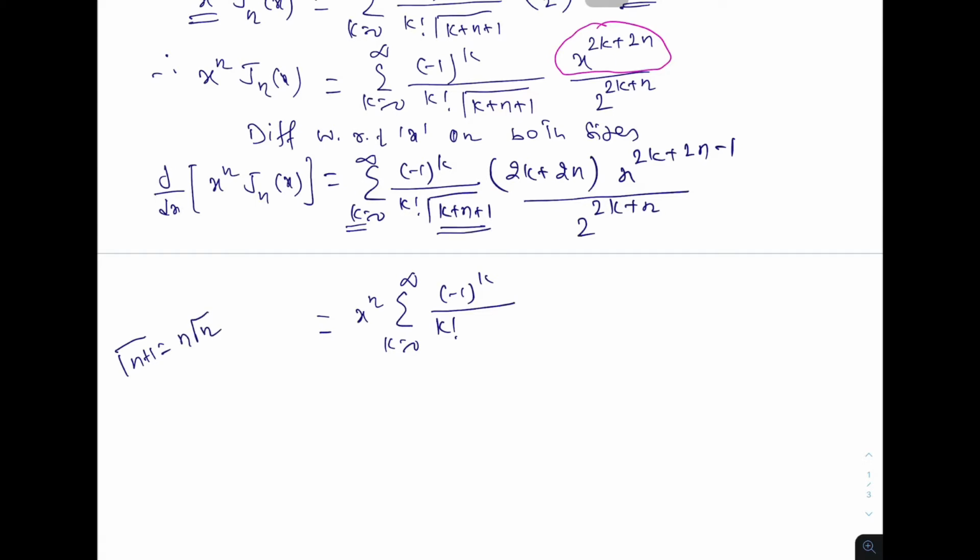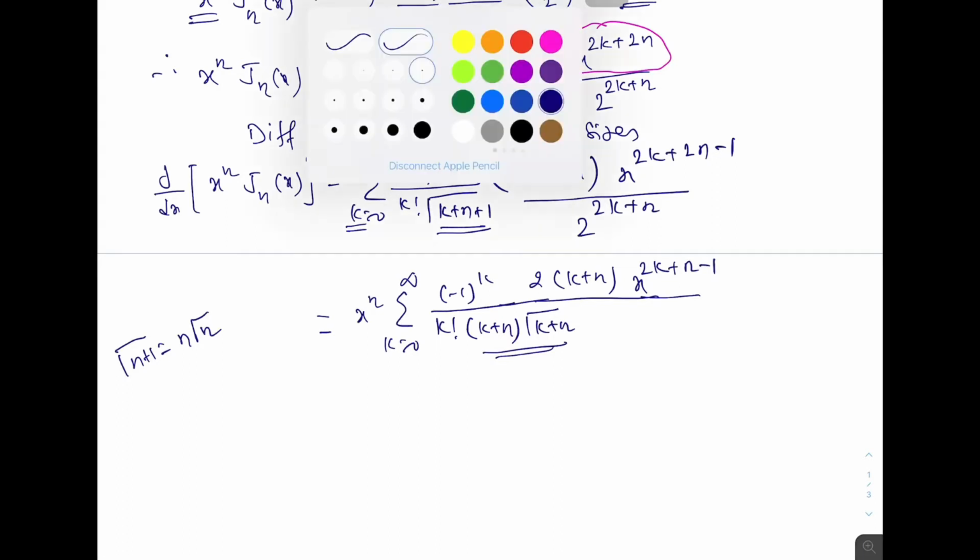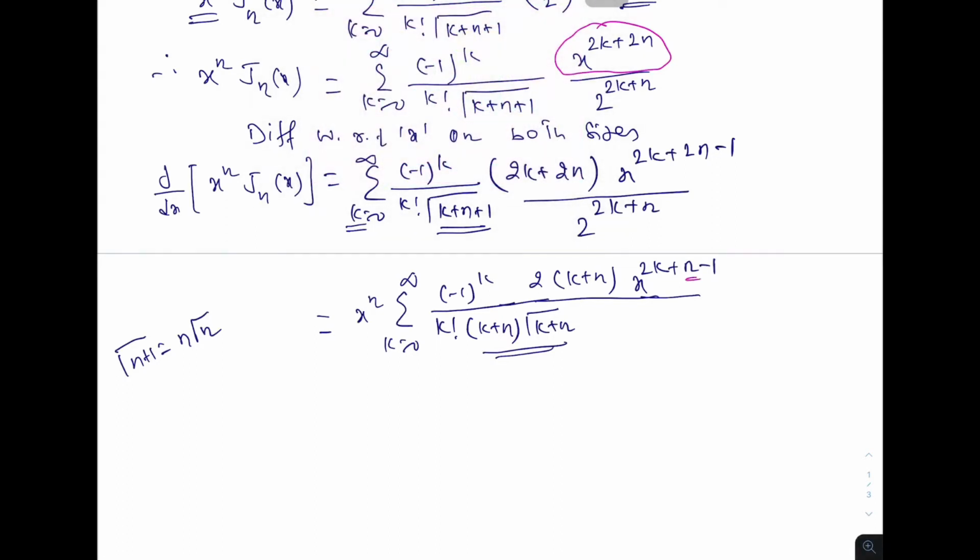So here we are using that formula, k plus n gamma k plus n. Here we take 2 outside. So this is k plus n, x power 2k plus n minus 1, because we had taken 1 x power n outside, over 2 power 2k plus n.